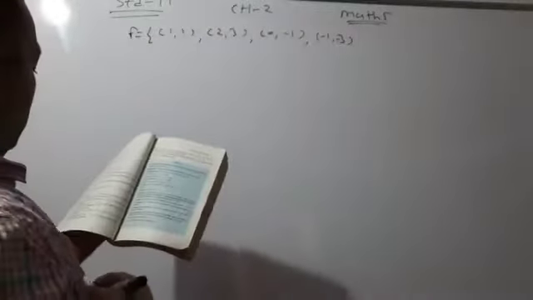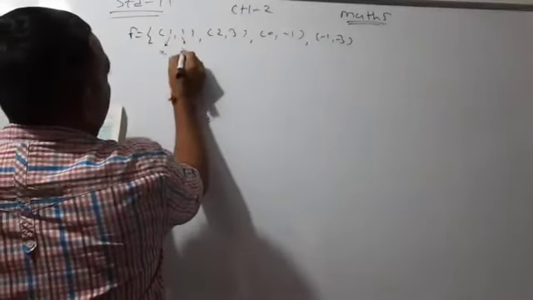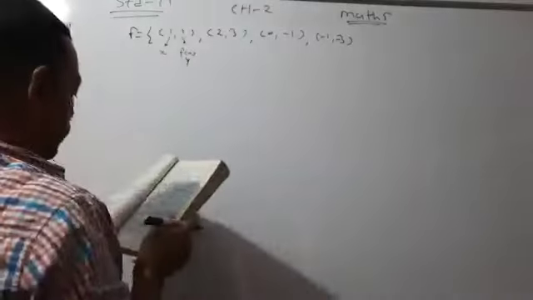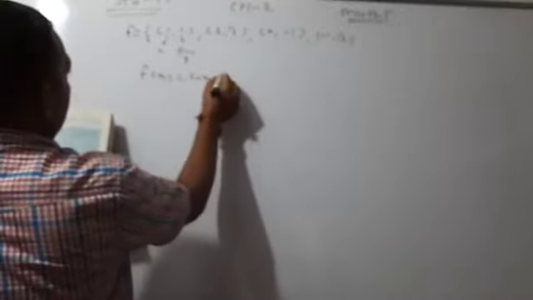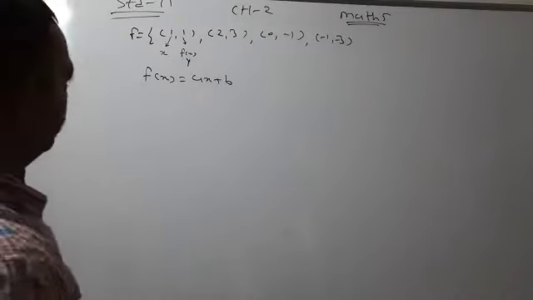You know that in an ordered pair, this is the value of x and this is the value of the answer, that is f of x. One function is given, f of x is equal to ax plus b, and they want to find the values of a and b. a and b belong to Z.